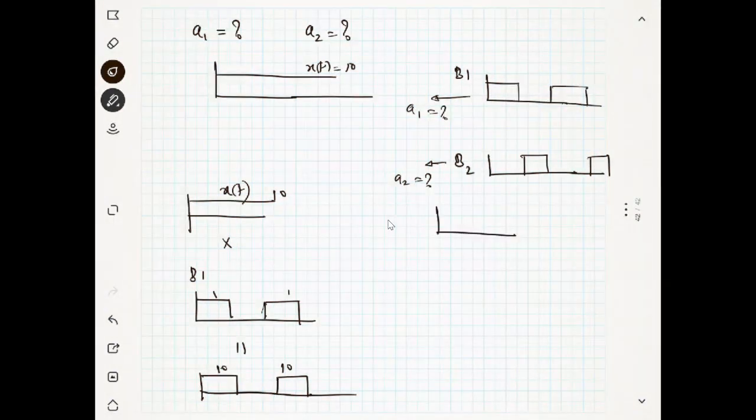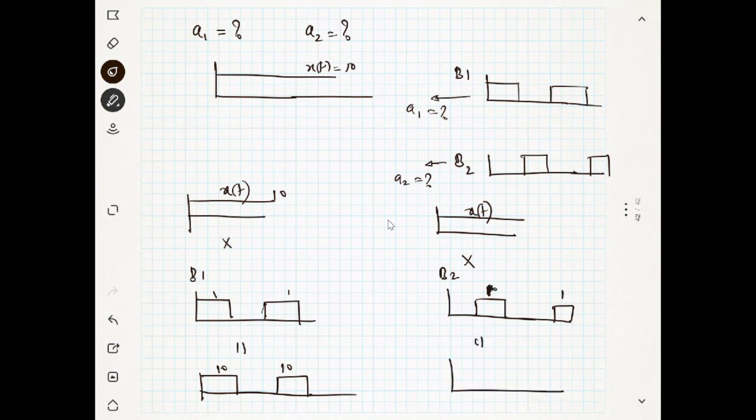Similarly, if you multiply your x of t with B2, you will get something like this, 10, 10, like this. Got it?